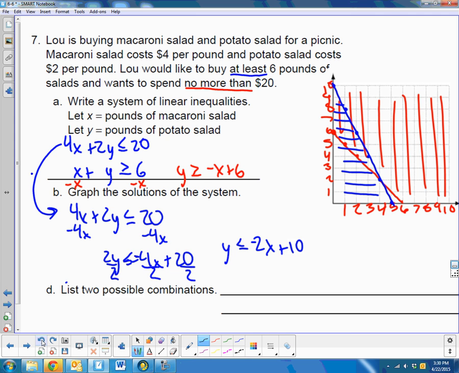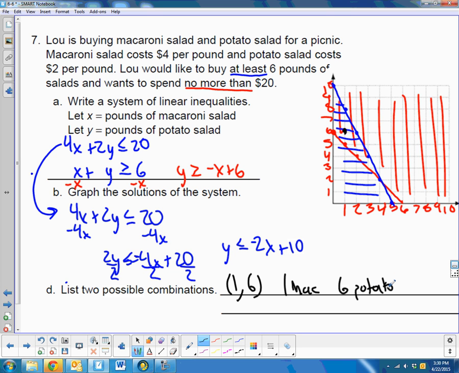I'm going to choose 1, 6 because that's a nice point. I like that point. So that's going to be 1, 6, which really, in terms of the problem, is going to be 1 pound of macaroni salad, 6 pounds of potato salad. So 1 mac, 6 potato.